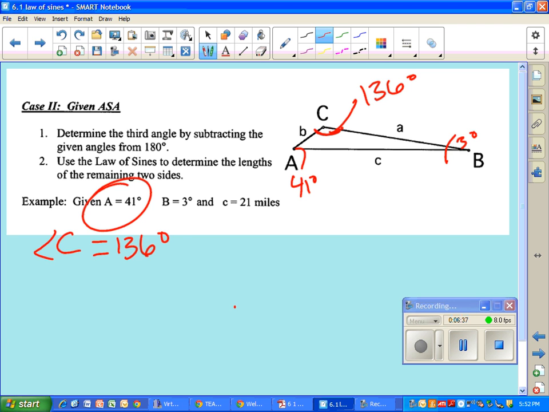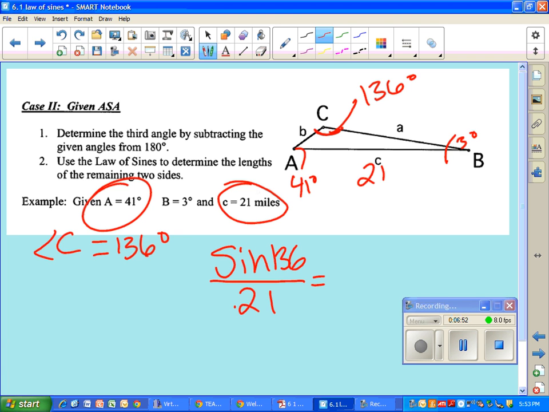Now we have to set up law of sines. According to what's given to us, side c is 21 miles. So I have to use sine of 136 over 21 as my first proportion. Next I can find a or b. Let's just find a. So I have sine of 41 degrees over side length a. Remember, you always set it up across from each other.